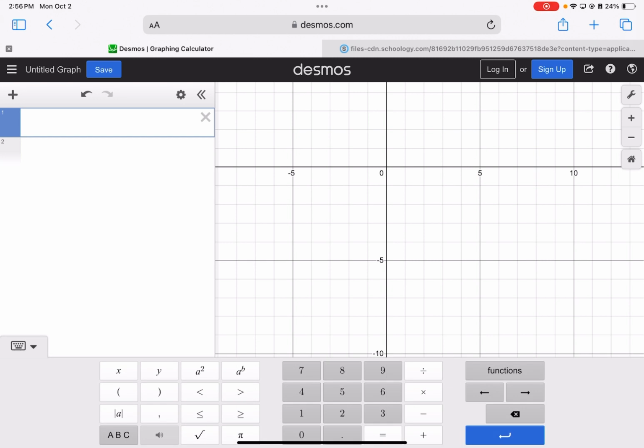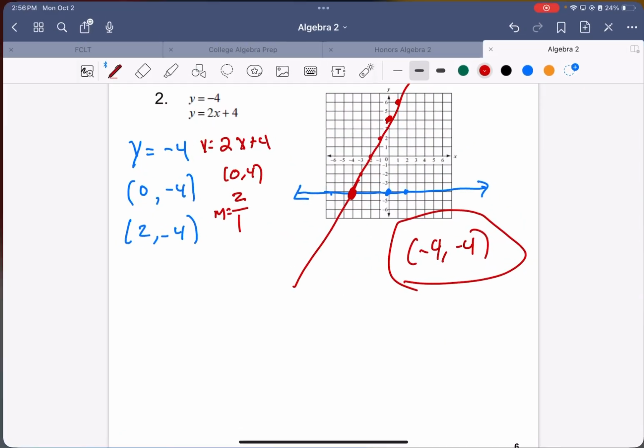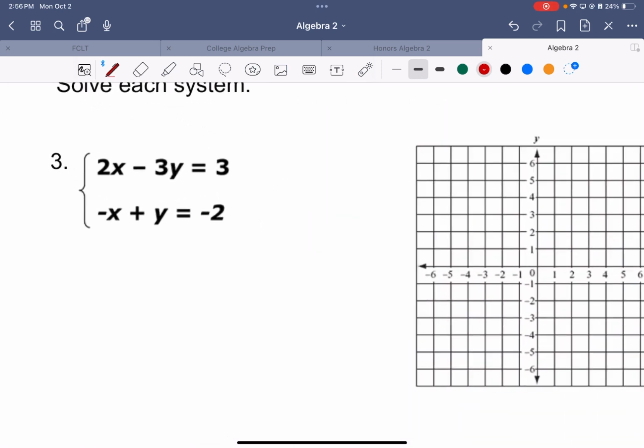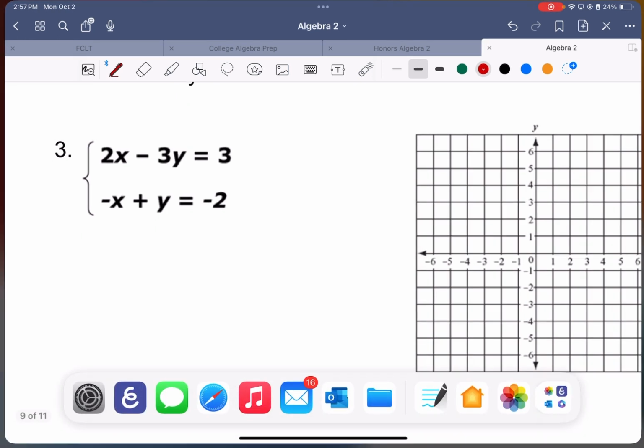So, if we use Desmos, let's go to the next question. Next question looks bad. It's 2x minus 3y equals 3. Okay, graphing that, yeah, whatever, solve for y, do all of that. You could do that. My suggestion for you is that we're going to go into Desmos.